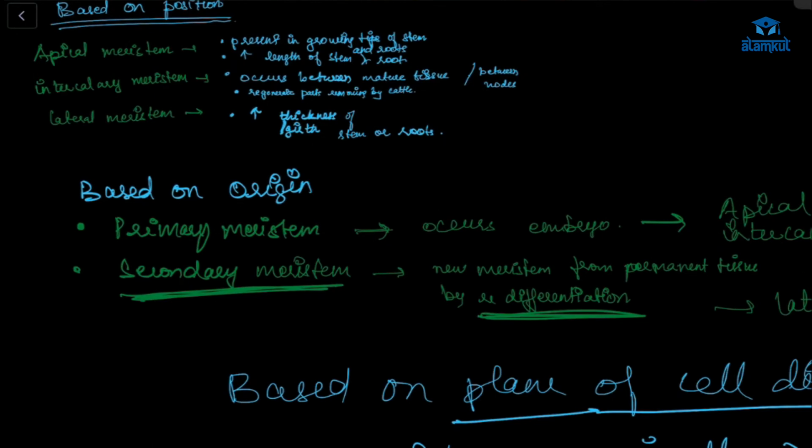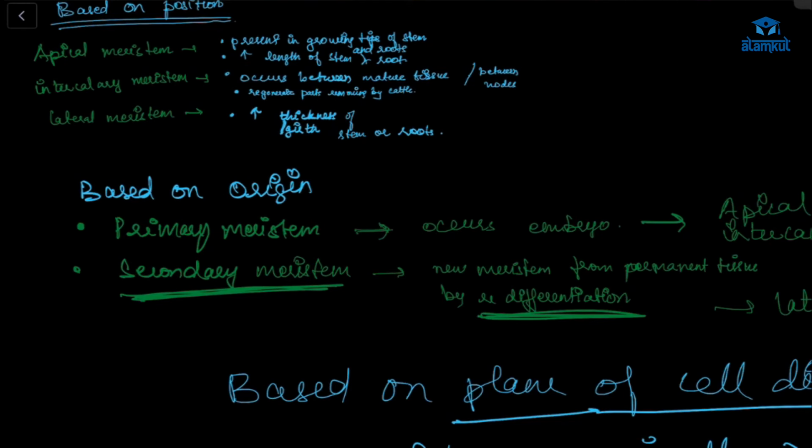When we plant plants, after that they grow, they have young shoots, young leaves, and they mature. After that they have permanent tissues, and those permanent tissues do not have the capacity to divide. So what will happen if they need division?